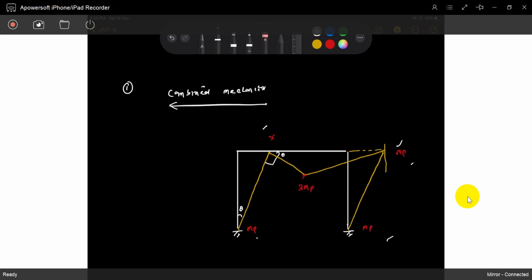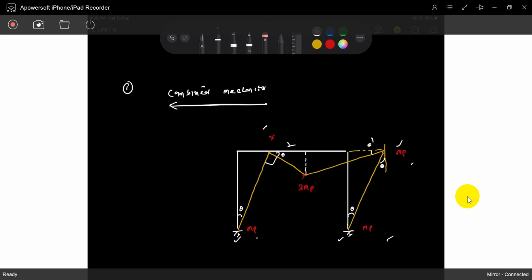This is also theta, because these heights are equal. But this one is not at the center, so this theta is different. Everything I write as theta, it's theta dash.